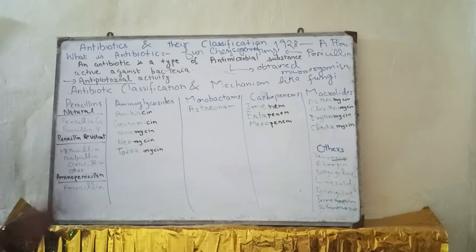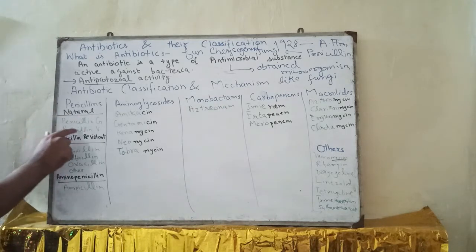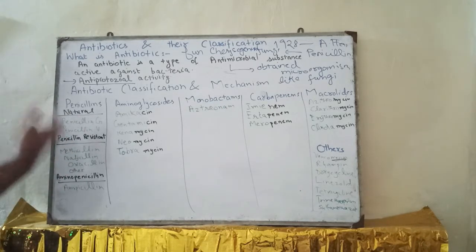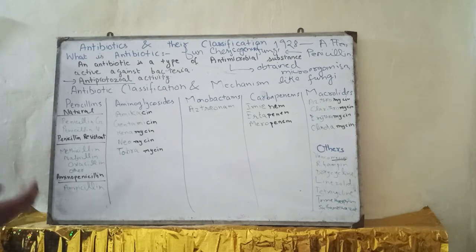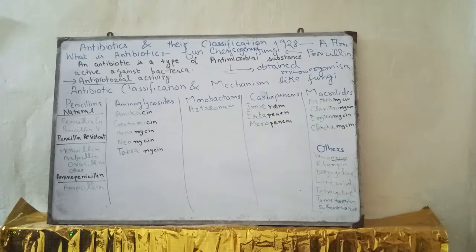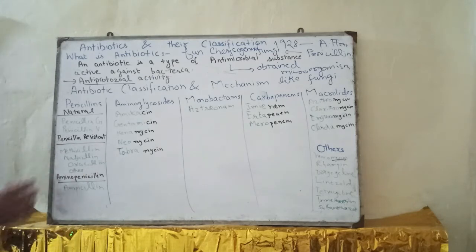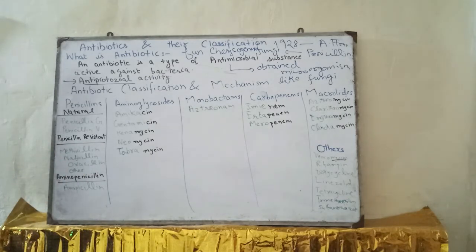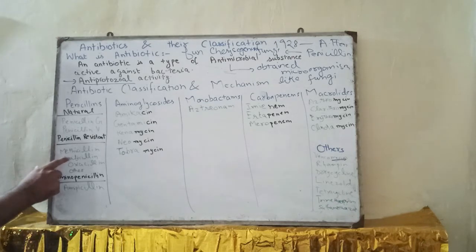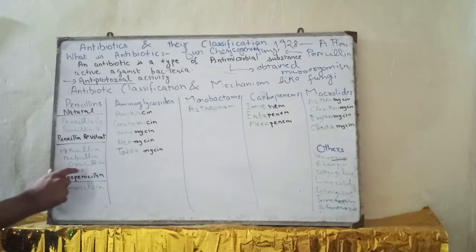The natural penicillins are penicillin G and penicillin V. Due to their enormous use, bacteria became resistant against these drugs. So we use the other category, penicillin-resistant drugs, which are effective against those bacteria that have become resistant, the superbugs. These include methicillin, nafcillin, oxacillin, and others.